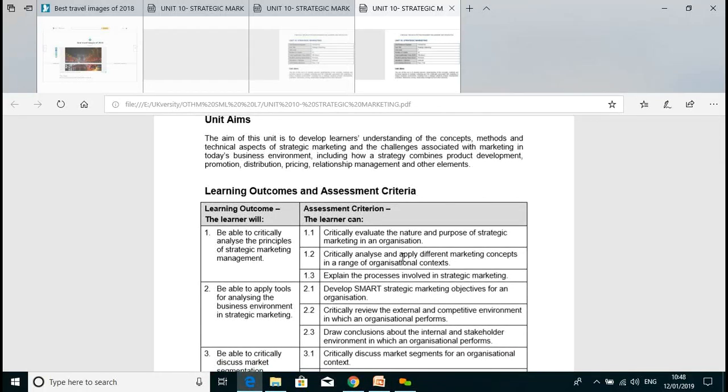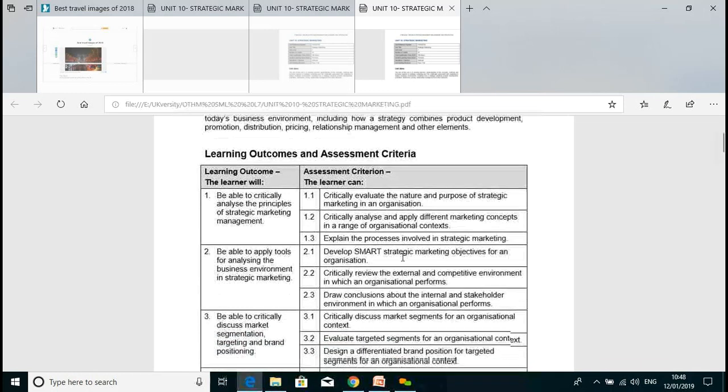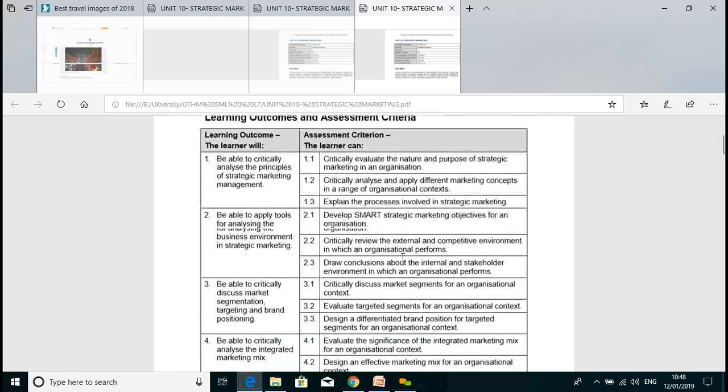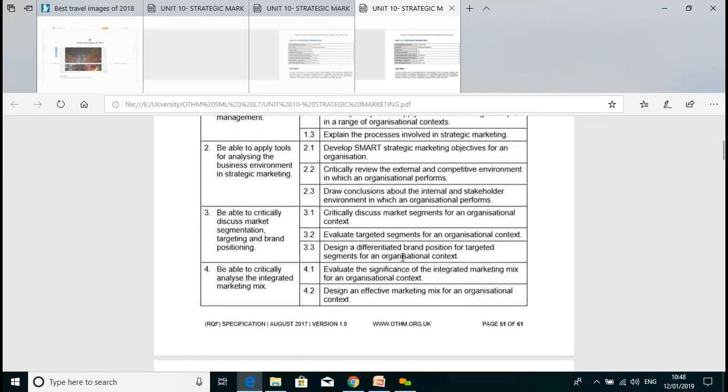Our learning outcome 1, which we'll go through today, is to be able to critically analyze the principles of strategic marketing management, covering 3 assessment criteria, 1.1, 1.2, 1.3, which we'll address. Then the next lesson will move to learning outcomes 2, 3, and 4.